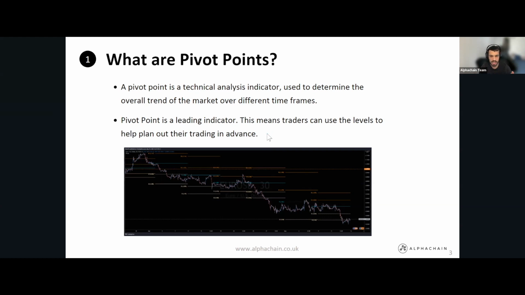Usually they are lagging indicators. So price has already made some kind of move before it gives you any confirmation or a signal to look for the trade. In this case, the pivot point can work a little bit as support and resistance. It's going to be a leading indicator, because you're going to see where the levels are even before price actually gets there. That's mostly the difference between a leading and a lagging indicator.